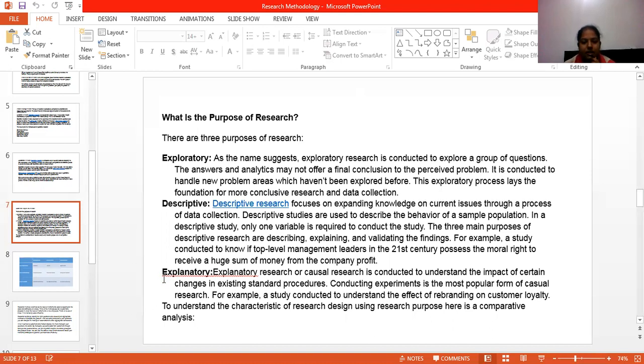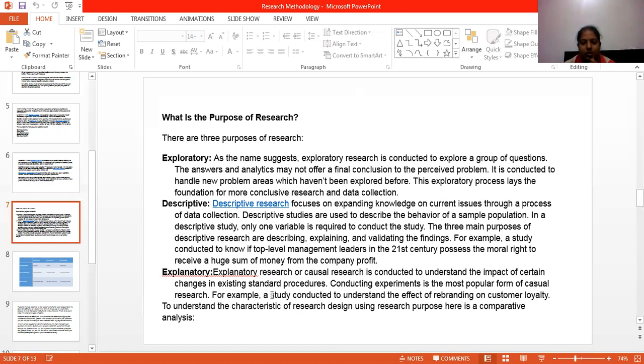Next is explanatory research, or causal research, conducted to understand the impact of certain changes in existing standard processes. Conducting experiments is the most popular form of causal research.